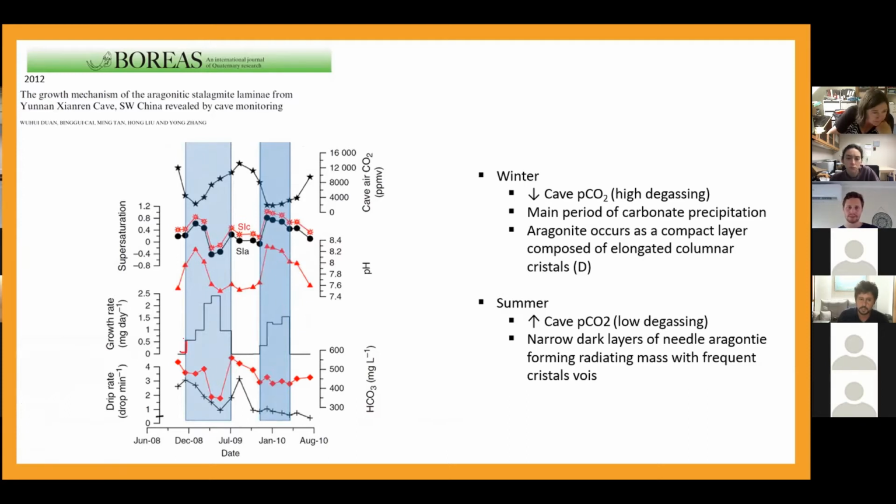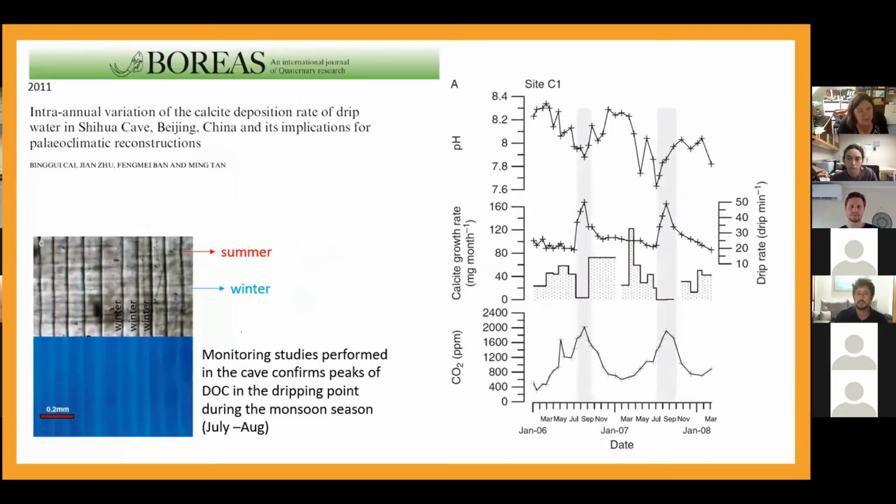We see peaks in precipitation of calcite here during periods of low KpCO2, and when KpCO2 is high, we have low precipitation rate, at least at seasonal time scale and interannual time scale. We see this variation of KpCO2 drive variation of calcite deposition. It's another study that goes in the same direction.